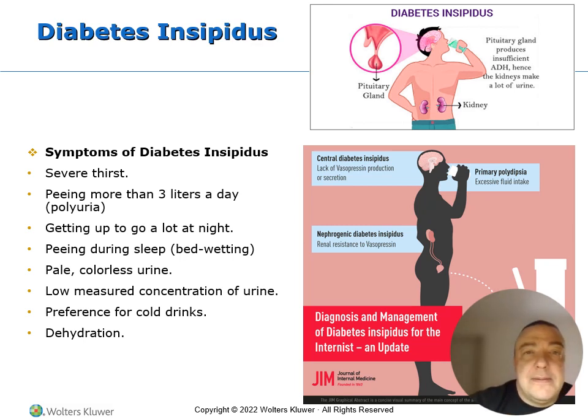The artificial ADH is desmopressin, and they will get that every 12 to 24 hours. And if you watch the specific gravities, there'll be influx.